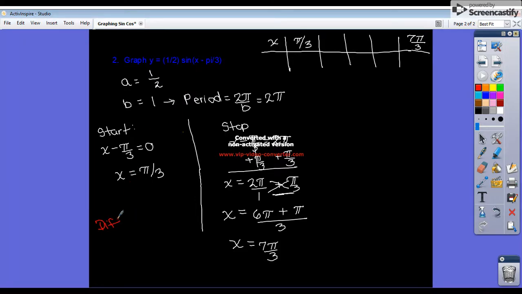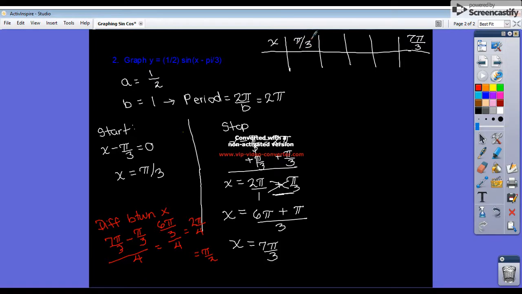So the difference between the x values is the stop minus the start over your 4 equal spaces. With common denominators, no need for crisscross applesauce on this one. We just subtract the numerators and keep the denominator the same. That gives me 6 pi over 3, which is 2 pi. 2 pi over 4 gives me pi over 2.